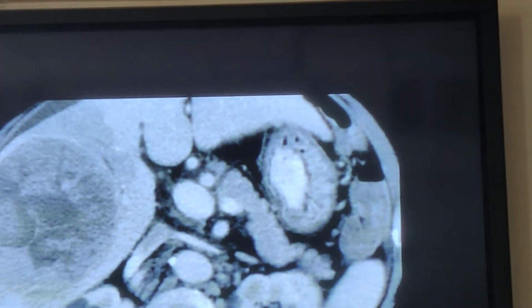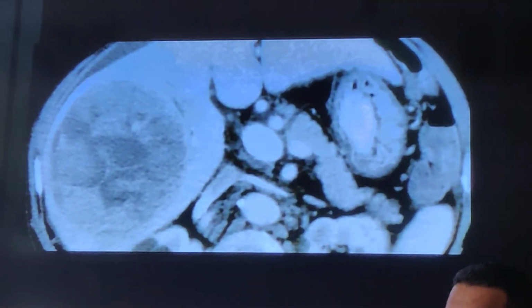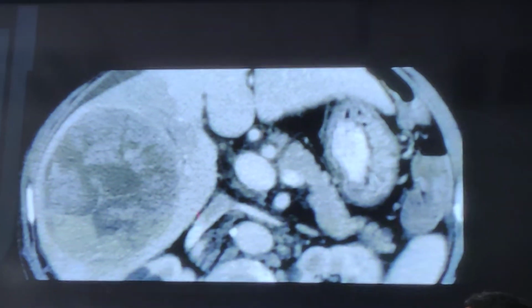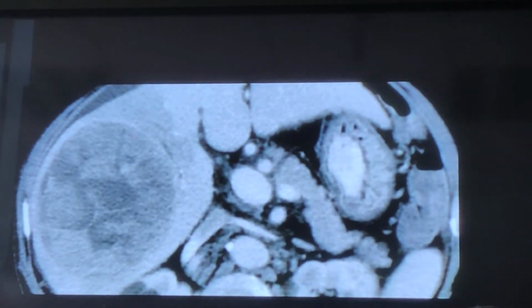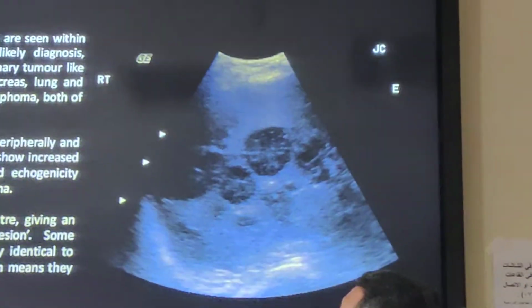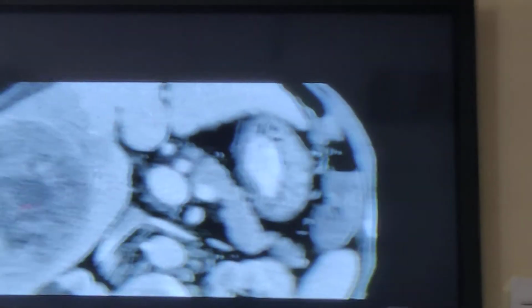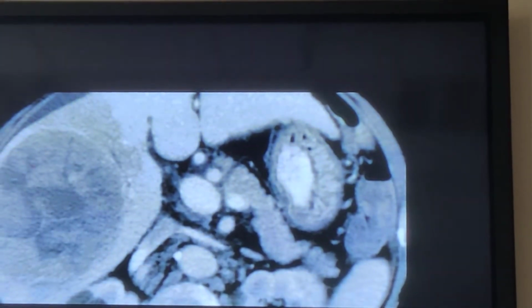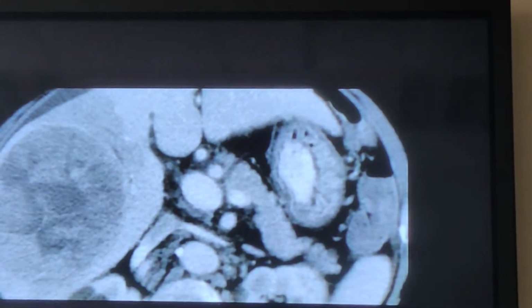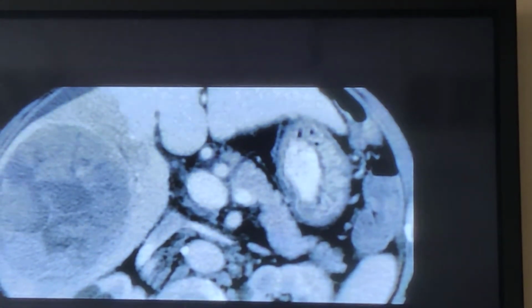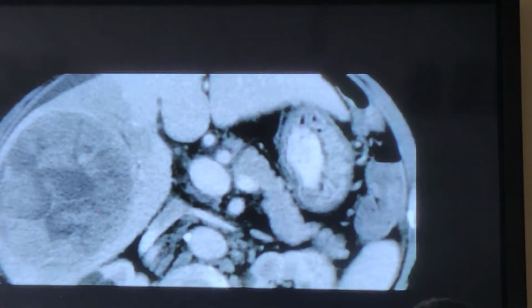Okay, fibrolamellar carcinoma is rare. This is the hepatocellular carcinoma in CT, hyperdense lesion with contrast enhancement.